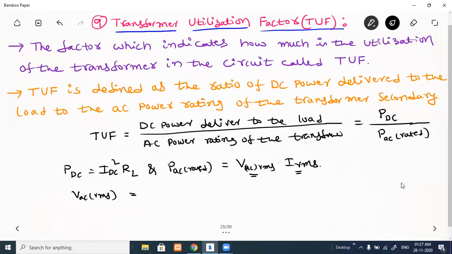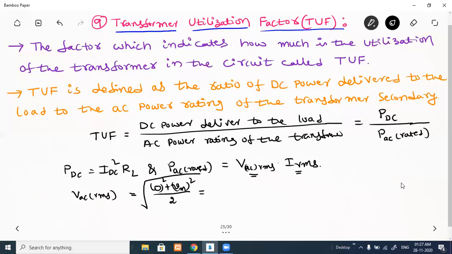so here it is a root mean square value of the AC signal voltage. So the minimum value is 0, the maximum value is Vm. So squaring both, then find out the average, means plus by 2 and apply square root.